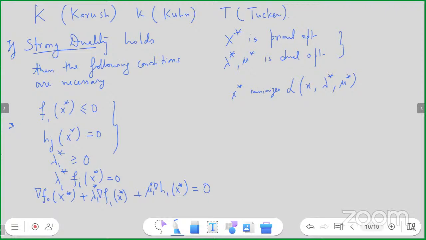If you're getting confused by x star, just replace star by a tilde or something. Currently we have a candidate which satisfies this. We have not shown that they are actually optimal. But it's just a notation sake. It's clear what we are looking for. There exists x tilde, lambda tilde, and mu tilde which satisfy this relationship.